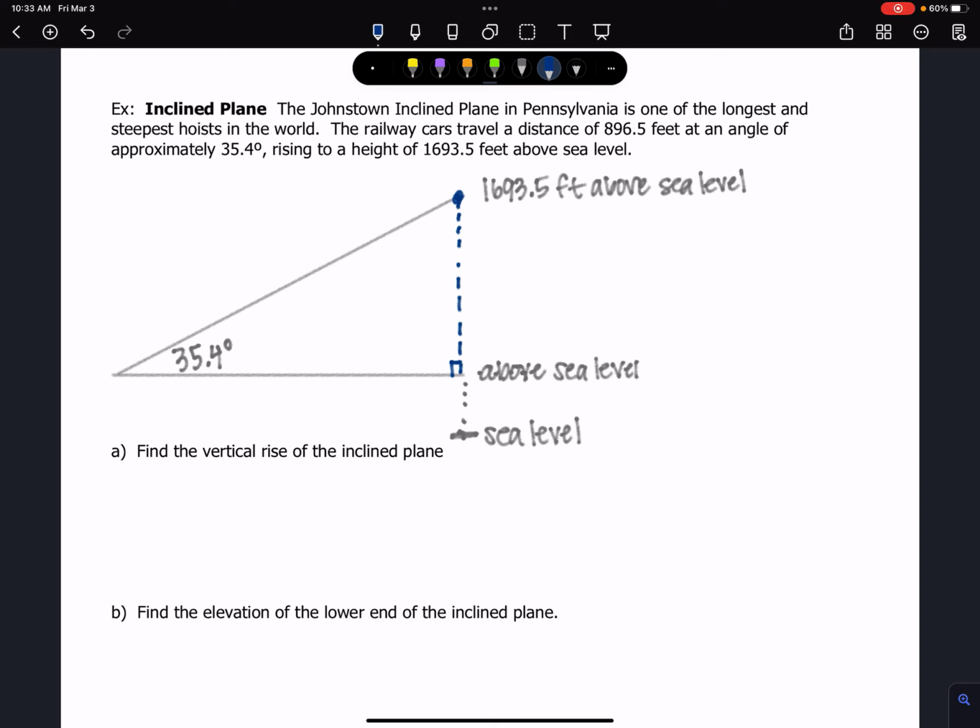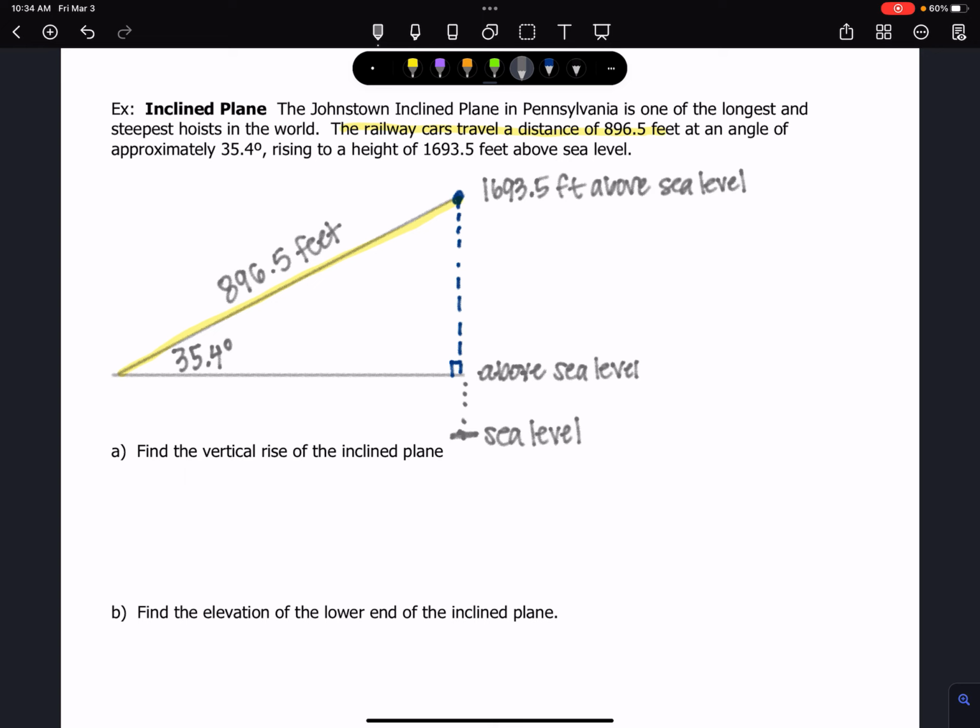Now, when they travel a distance of 896.5 feet, this number right here, 896.5 feet, there's a picture of what's happening.